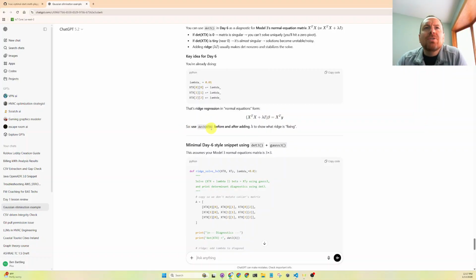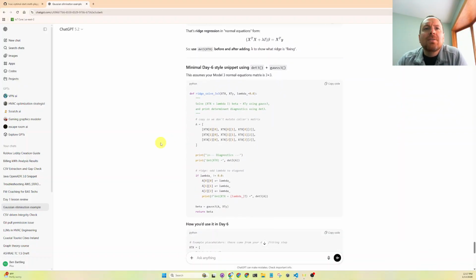Determinant of X transpose X before adding the ridge, to show the ridge is fixing it. Huh, interesting. So that's what they did here. Add lambda to the diagonal. So it's just smoothing this out, I think.